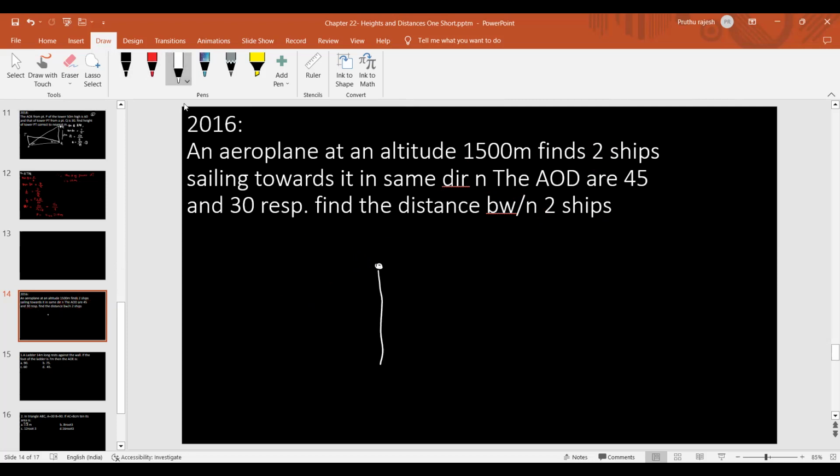There's an aeroplane and it finds two ships sailing towards it. So one ship here and one ship from here. From here it figures, it says. So first, this is 0 degrees.